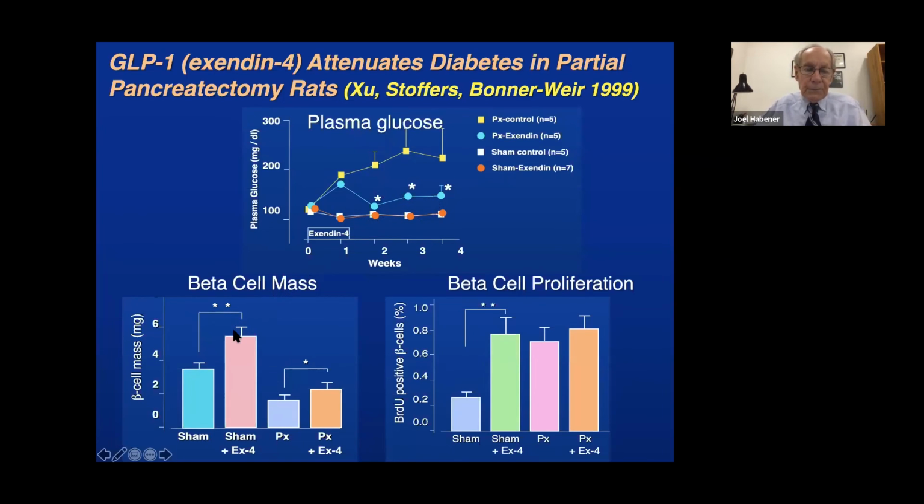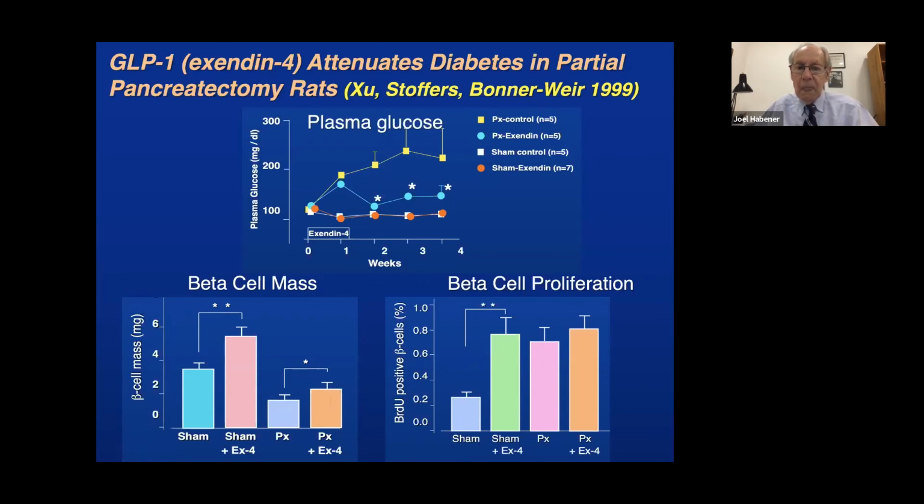The administration of the GLP-1 agonist exendin increases the beta cell mass in both the sham and the partial pancreatectomy diabetic rats.